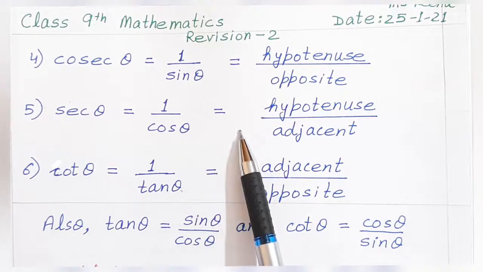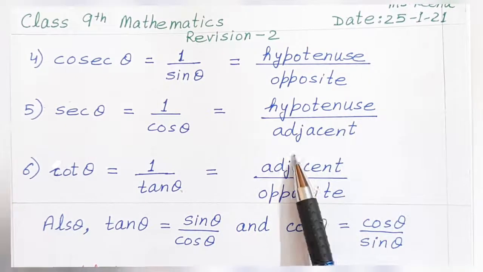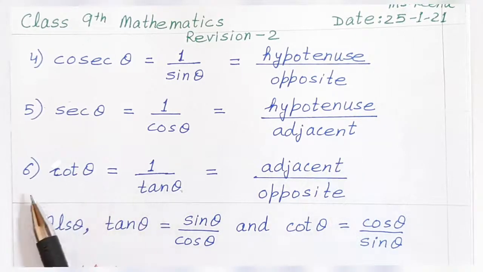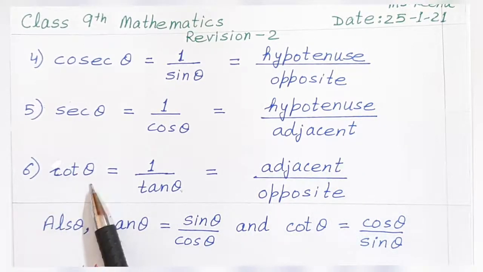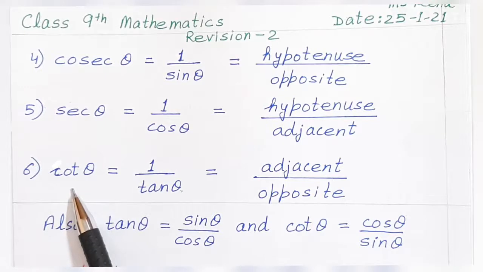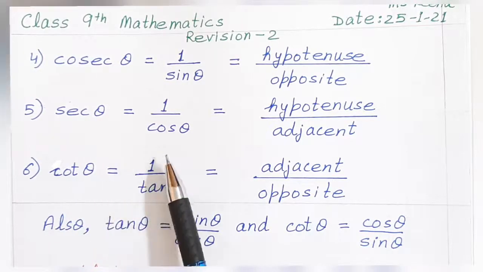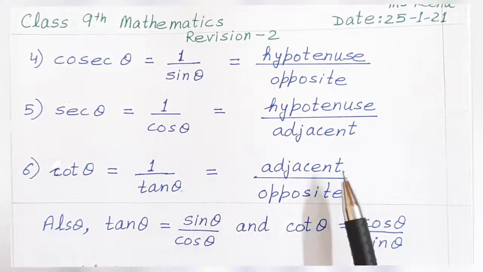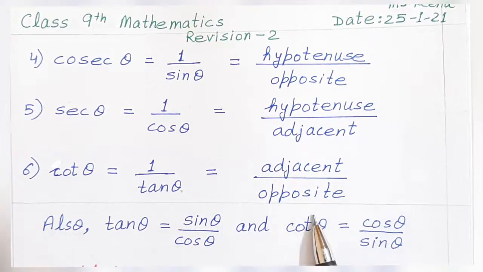So that is equal to hypotenuse upon adjacent side. Now the last one is cot theta, or you can say cotangent theta. That is equal to 1 upon tangent theta, that is adjacent side upon opposite side.